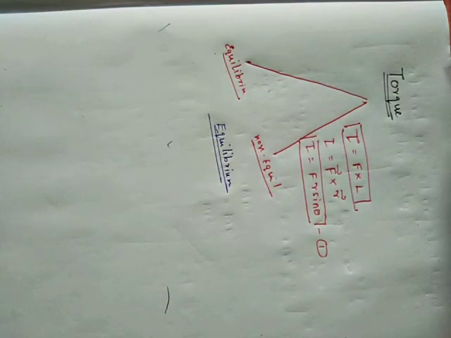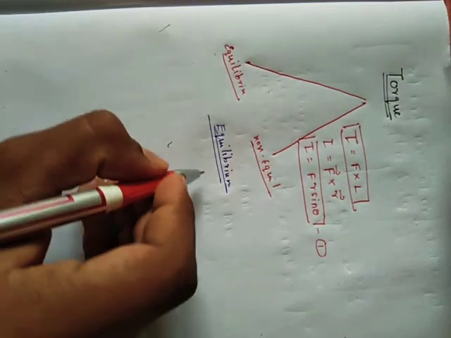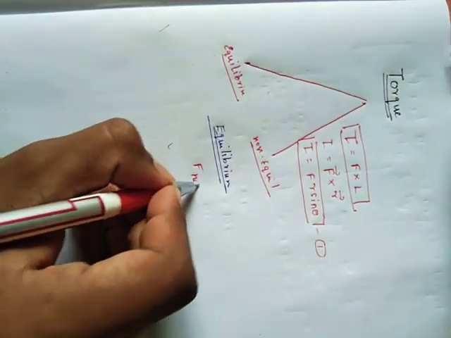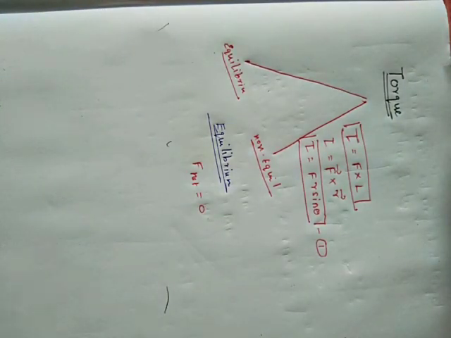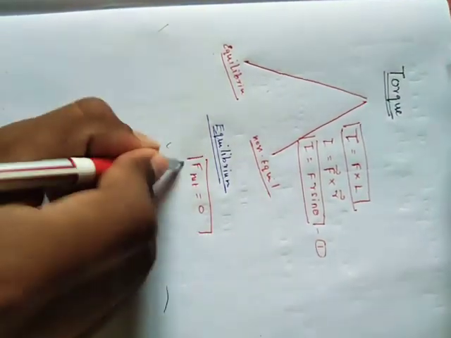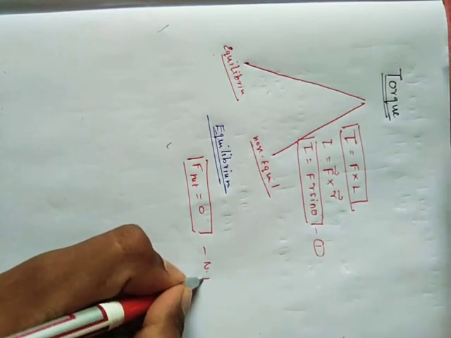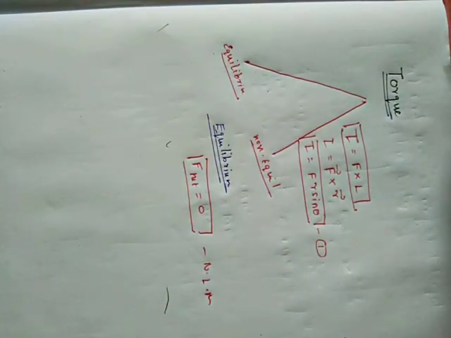According to Newton's laws of motion, when an object is in equilibrium, the net force on the system must be zero. We already discussed Newton's laws of motion.